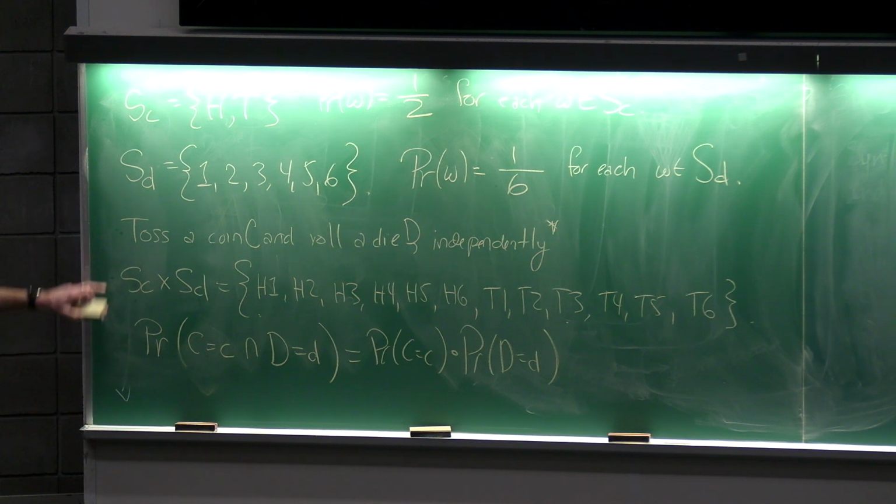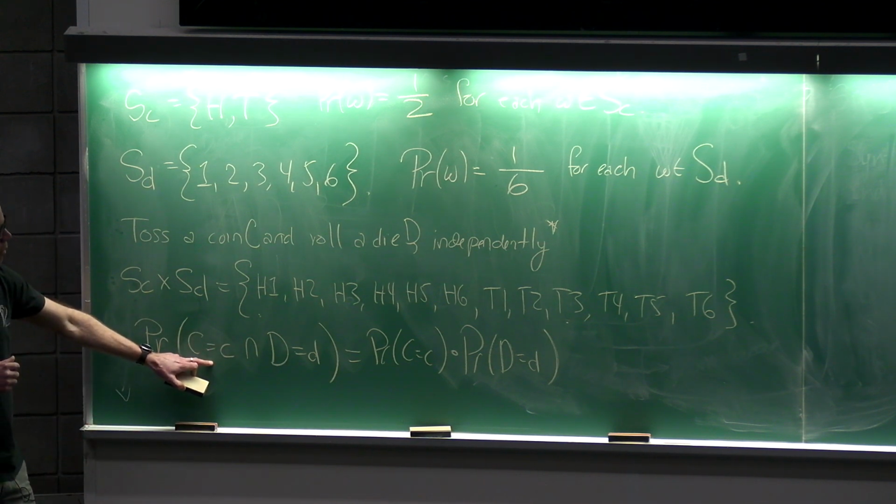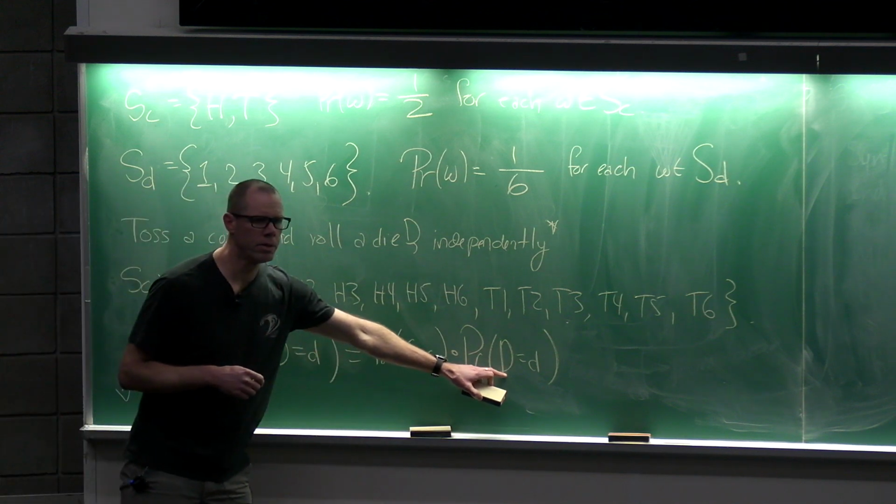And so that's where, in this plain language, when they say you do these two experiments independently, that just means that in the probability space that's the product of these two things, you can get the probability of any particular outcome, because it's just a pair of things like this, you just get the probability of the first one times the probability of the second one.